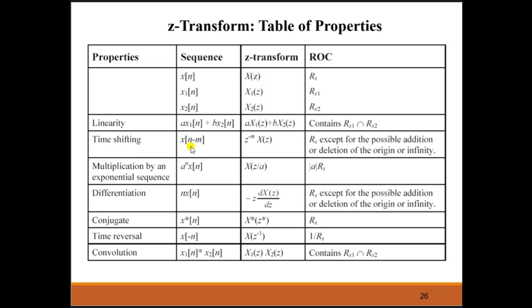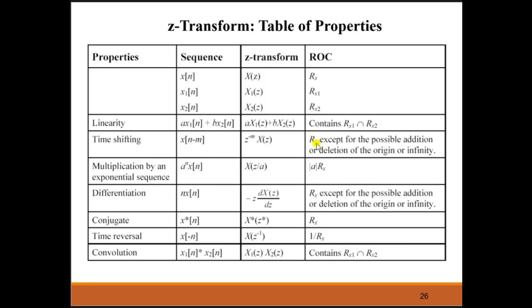Time shifting is x n minus m. We have seen this before: the shift gives Z to the power of negative m times X z. Its ROC is Rx except for the possible addition or deletion of the origin or infinity, depending on the sequence.